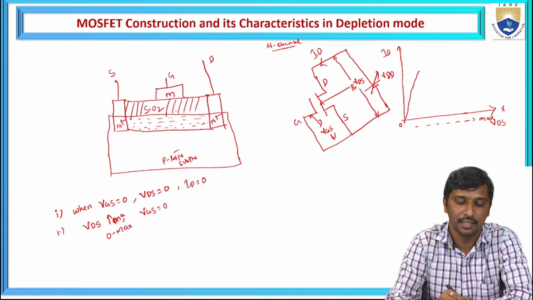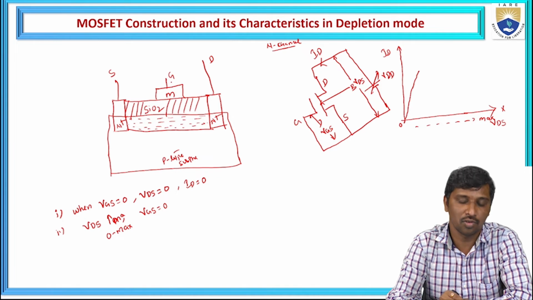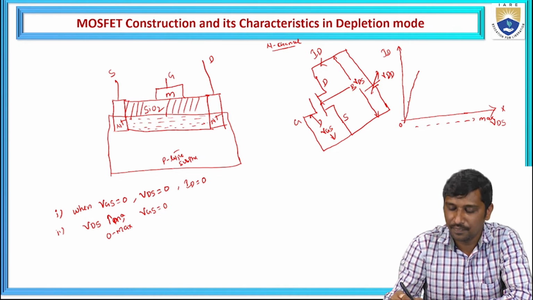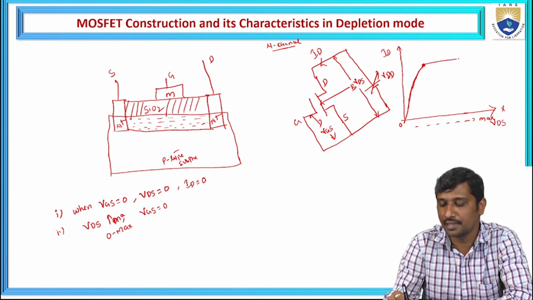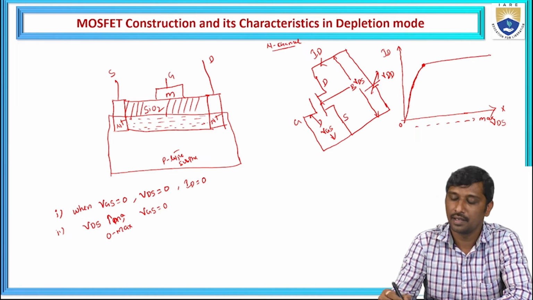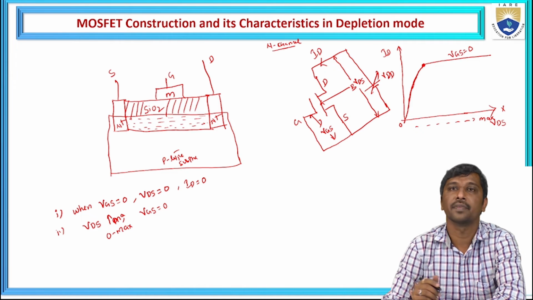Because the gate voltage is 0, this energy does not affect the channel parameters. That is the reason it allows the maximum current. When I reach the maximum current, it becomes saturated, meaning it becomes constant. Let us take this as VGS equal to 0.